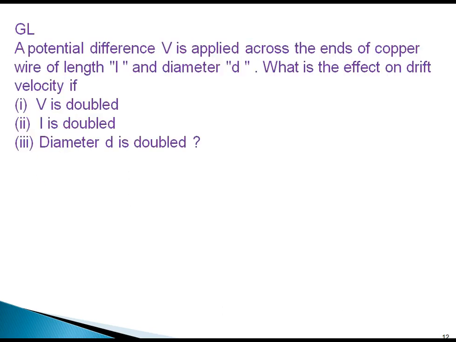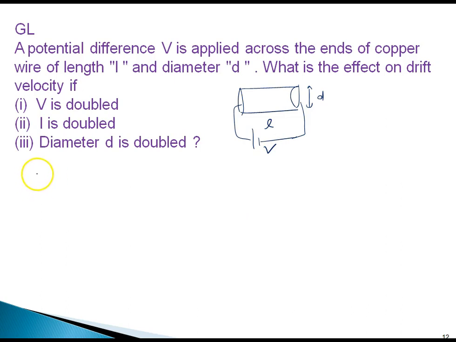Now again, one more question I am asking. Here I have to say, if I apply the potential difference across the ends of the copper wire of length L and diameter D, if this is a supply of V volt, we have to discuss what is the effect on drift velocity.